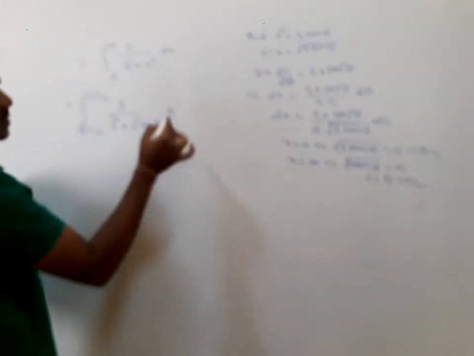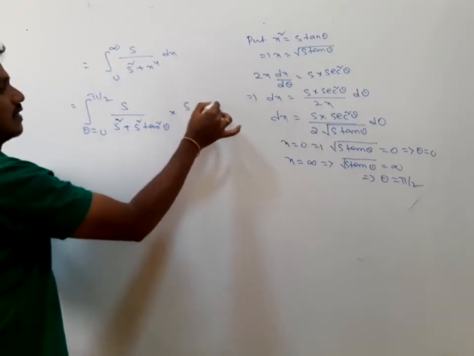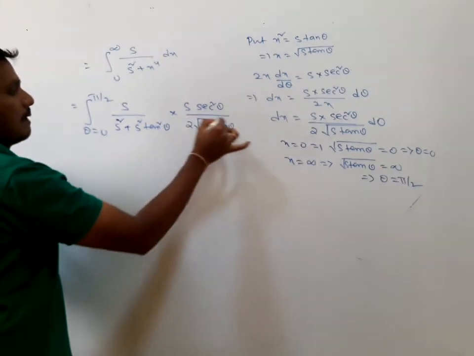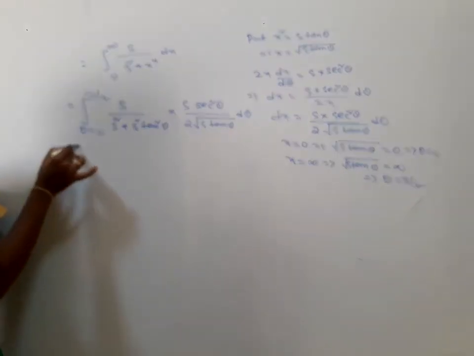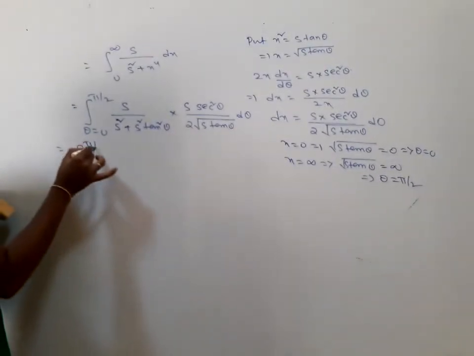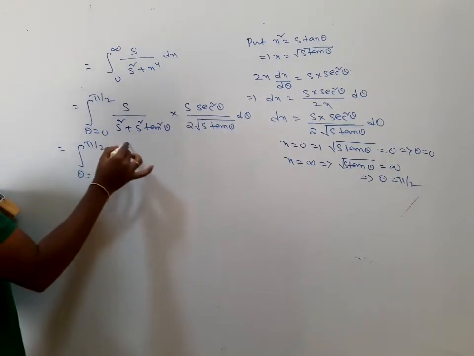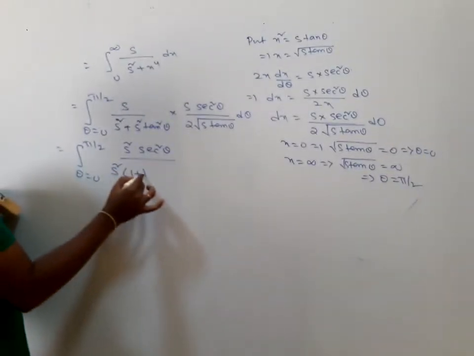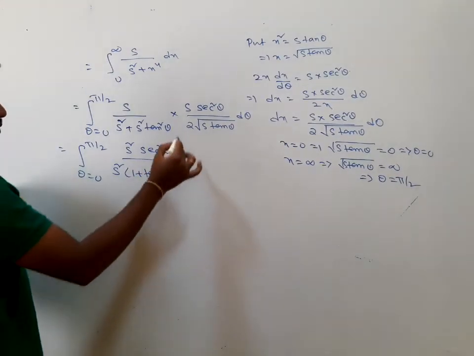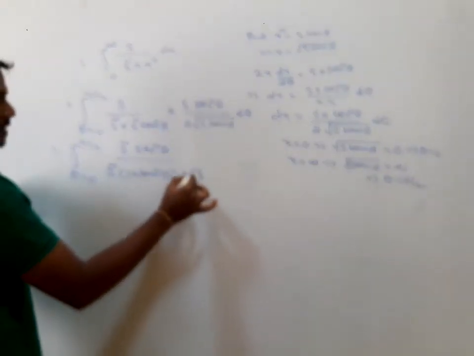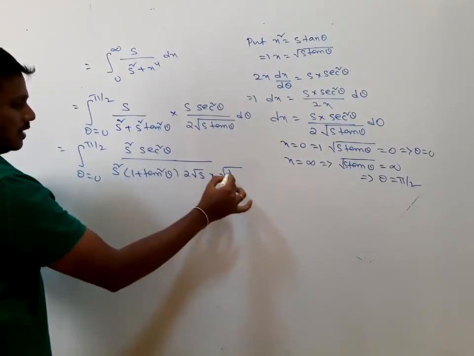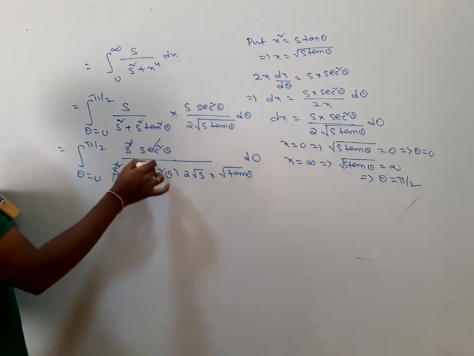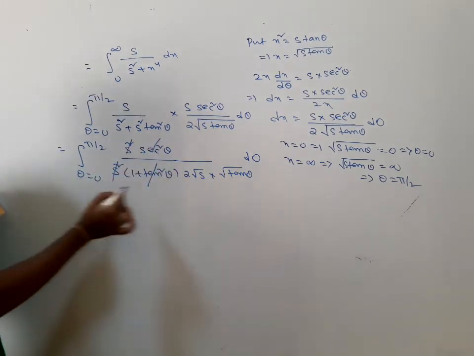But dx is equals to s secant square theta divided by 2 root s root tan theta d theta. So integral theta is equals to 0 to pi by 2 s into s secant square theta divided by, if we take s square common, s square into 1 plus tan square theta, into 2 root s root tan theta d theta. S square gets cancelled, and 1 plus tan square theta is secant square theta, so the secant square theta gets cancelled.